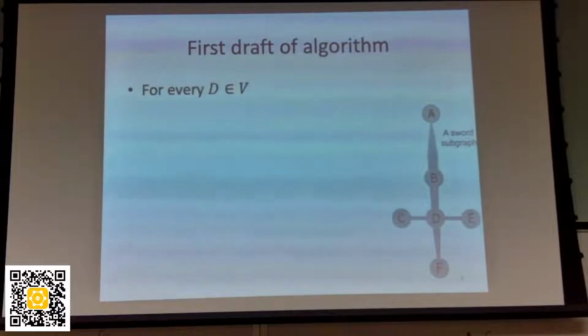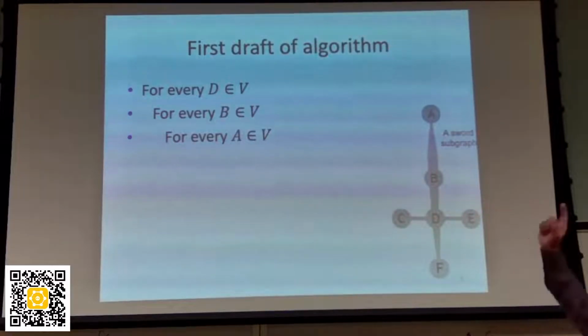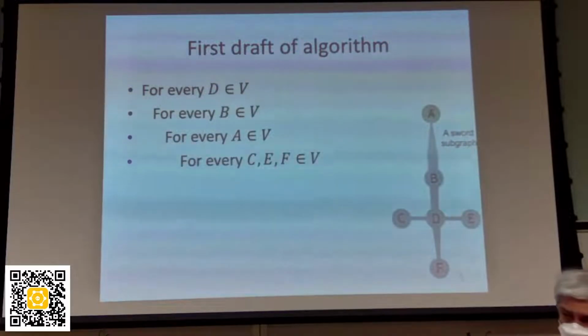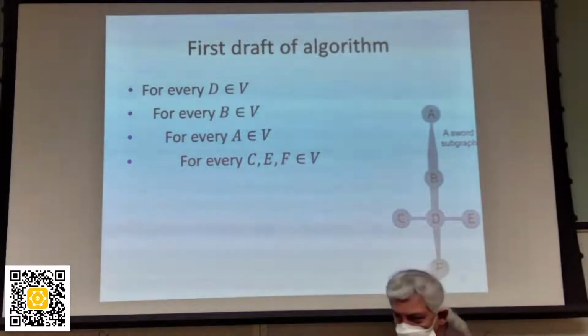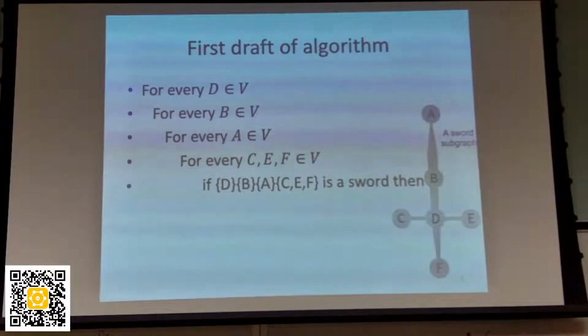So here's how I would do it. I would try every possible choice for the degree 4 vertex, every possible next choice for the degree 2 vertex, every possible choice for the tip of the sword, and then I'll pick 3 other vertices from whatever is remaining, and I will check if these 6 vertices form a sword.